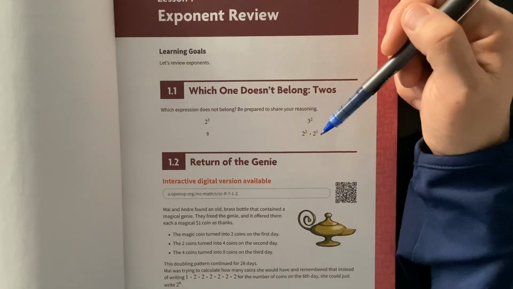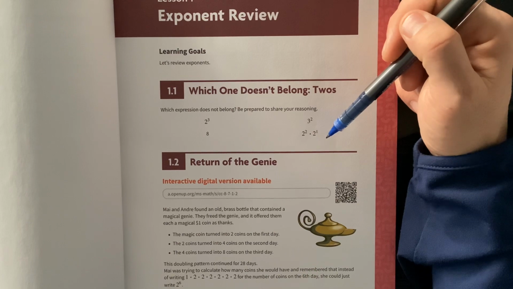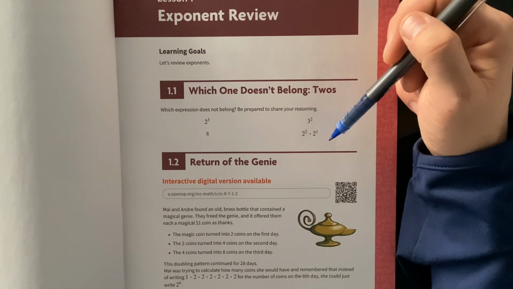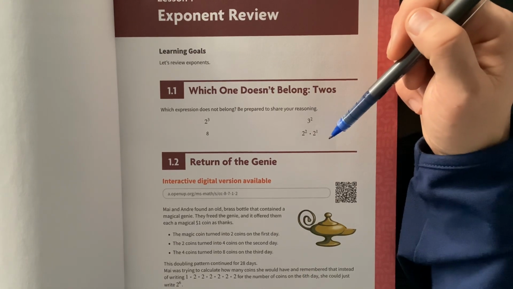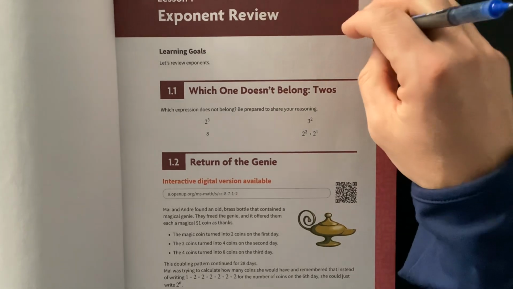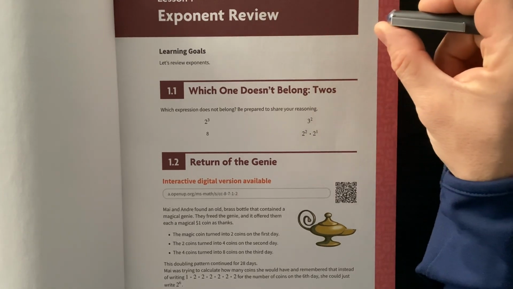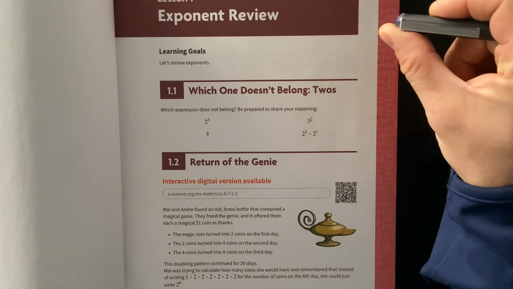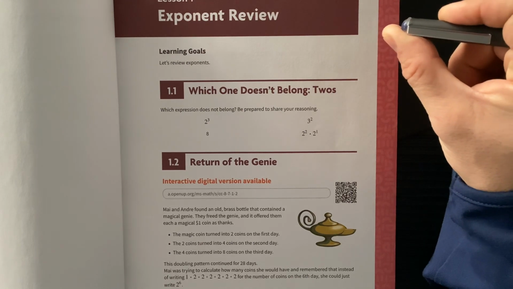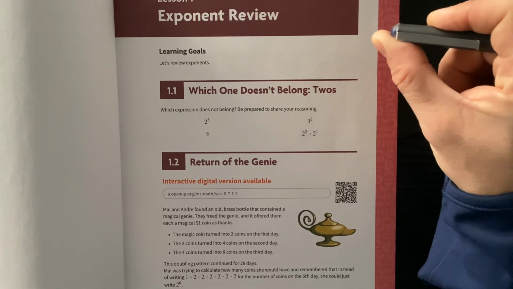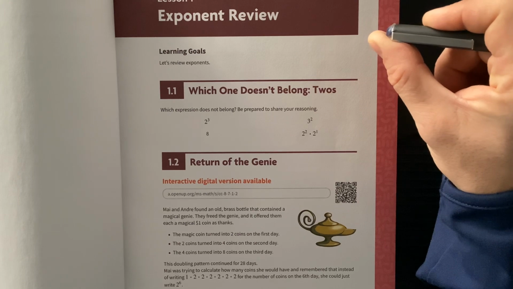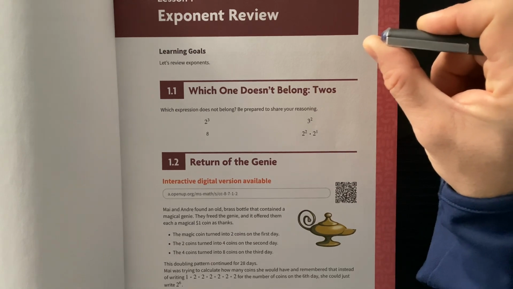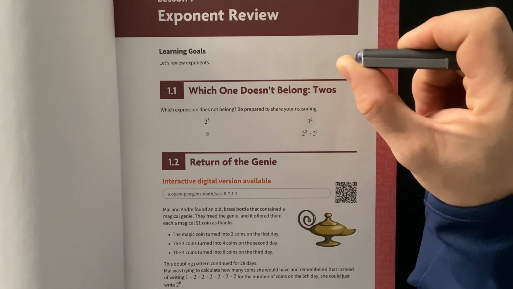Bottom right. Why? The only one that's not simplified. It's got a multiplication dot in the middle there. Gavin? 2 to the third power. Why? Because it's the only one that has a third power. Yes. Okay?